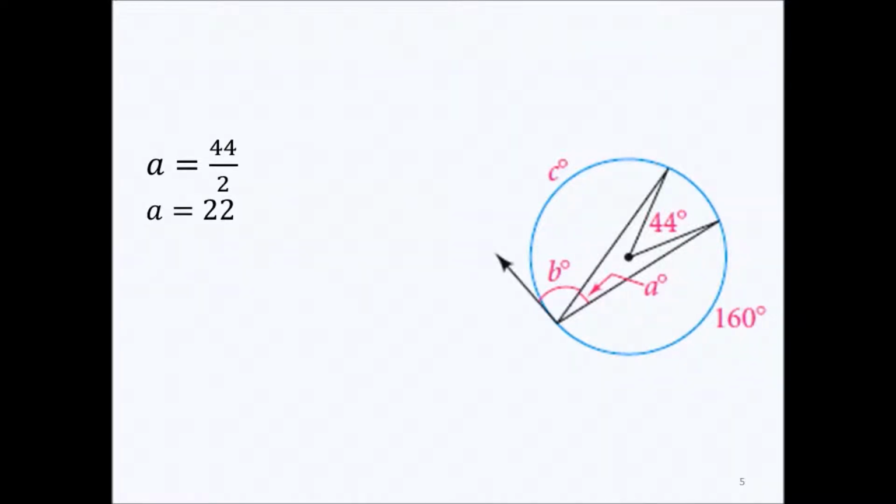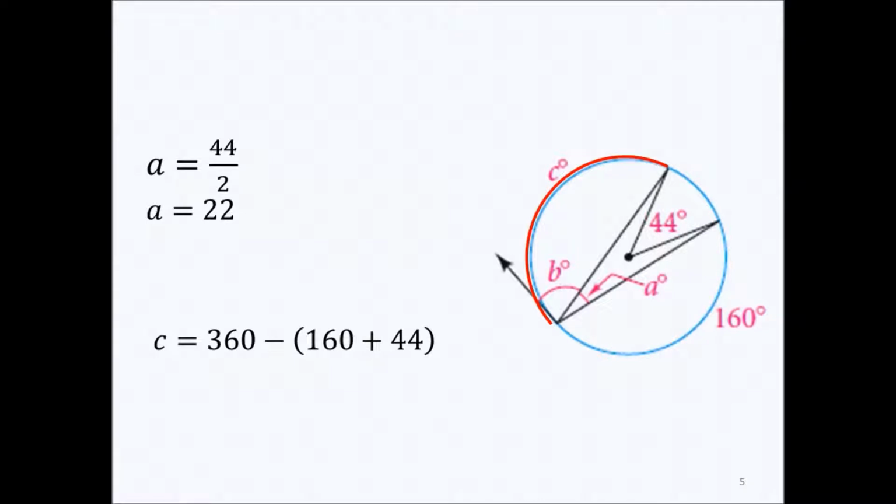So since we know 2 of the measurements, we can find the unknown measurement because we know the total measurement. So C is equal to 360 minus the 160 plus the 44. So C is equal to 156 degrees.